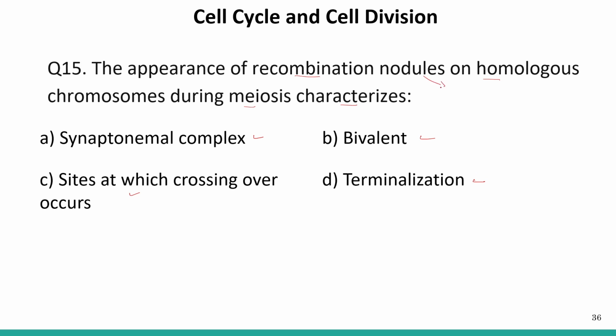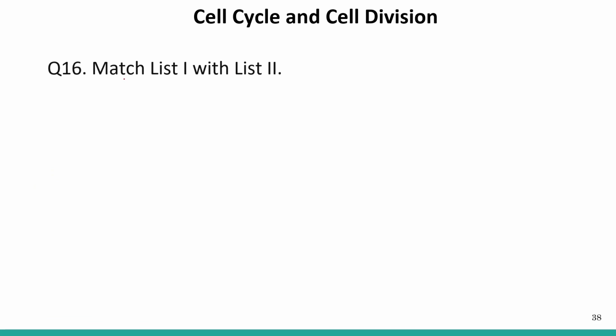Recombination nodules are the area or the site where crossing over takes place. So the answer should be C. They are the sites at which crossing over occurs. Now, the next question is where we have to again match list 1 with list 2.